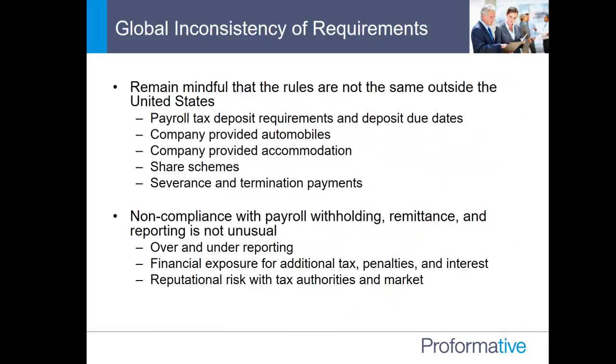As I talked about, different types of remuneration will be taxed differently. Reporting obligations and timelines are different. Major one is around share schemes and equity reward in terms of when do you report a grant or an exercise or a vesting. Does that need to go onto the payroll, or is that something that's reported outside of the payroll?